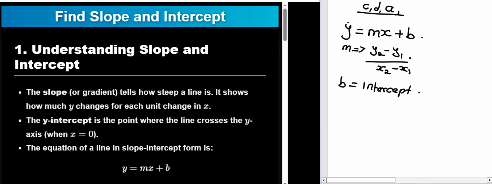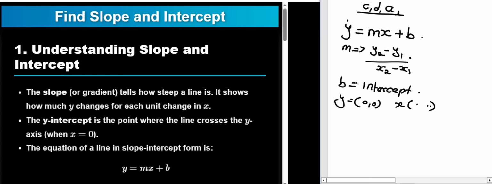Then y represents just the normal y coordinate, which can maybe be something like 0, 0 or another value. And then x represents the x coordinates. They can be anything.